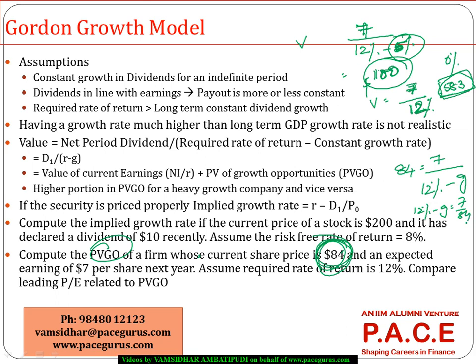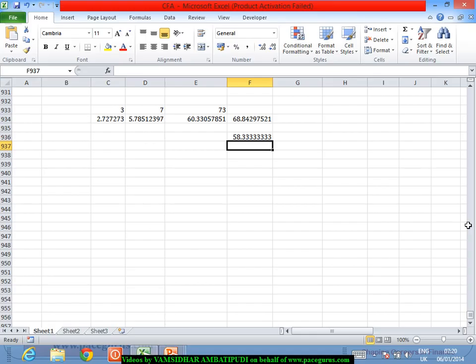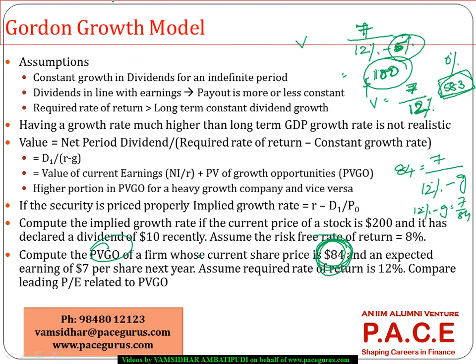So it is becoming 12% minus 7 by 84, which comes out to around 3.67%. If the dividend is growing at a constant rate of 3.67%, then it is generating a value of 84.